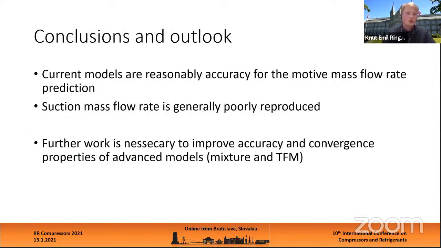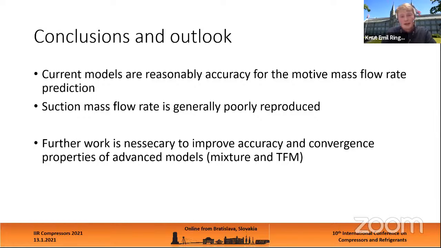So in conclusion, we have found that of all the models, we can typically get reasonable accuracy, especially for the motive mass flow rate prediction, especially for the high pressure motive conditions.